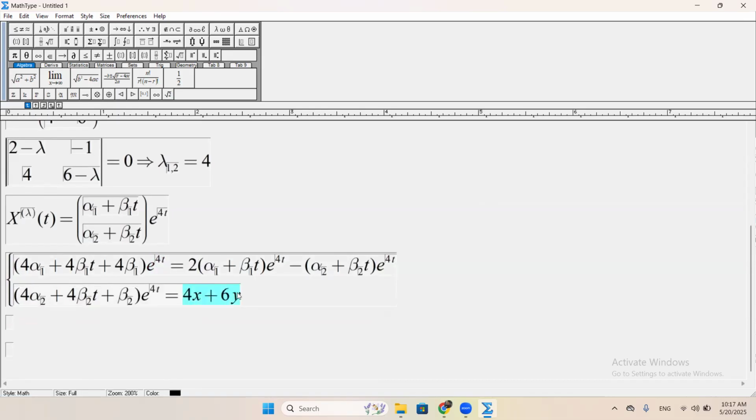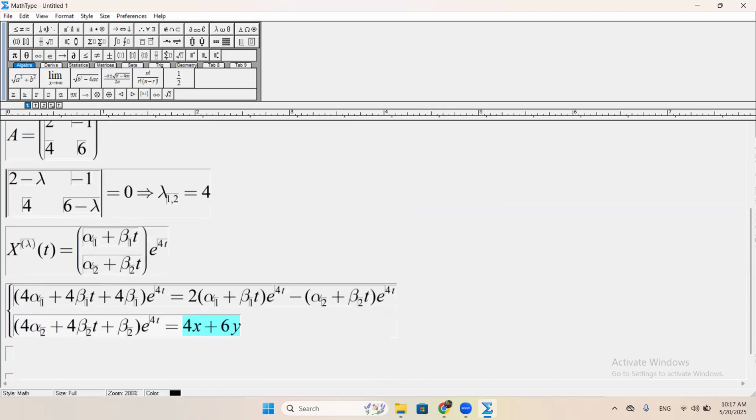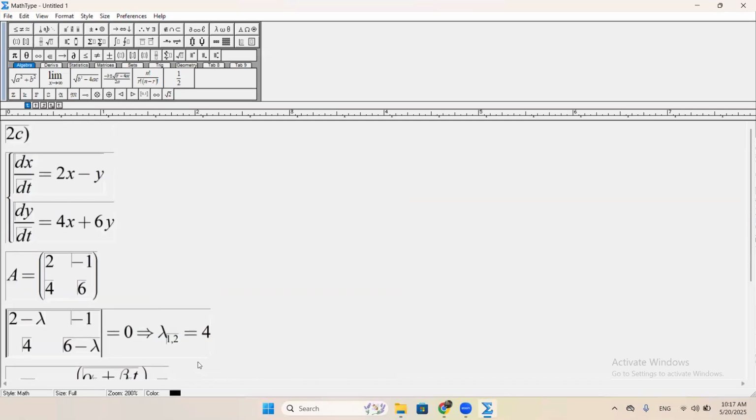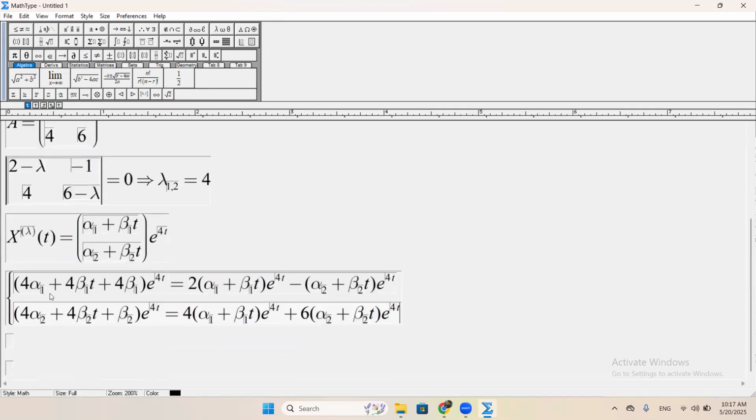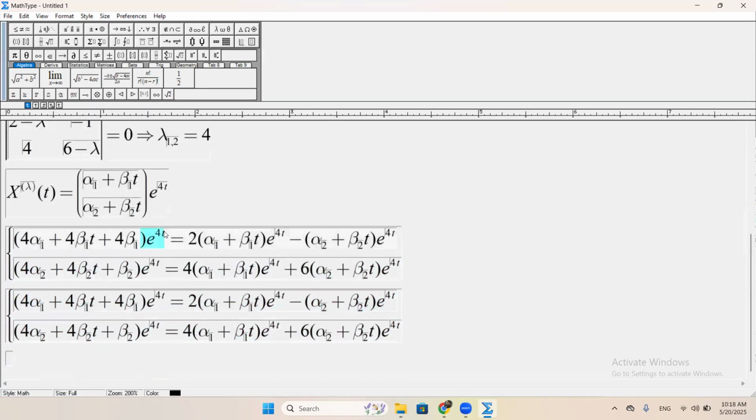And here it will be equal to 4x, so 4 times alpha 1 plus beta 1 t, e to the power of 4t, and plus 6 times this expression. So let us cancel e to the power of 4t here.